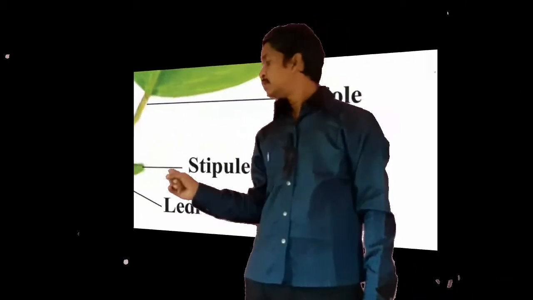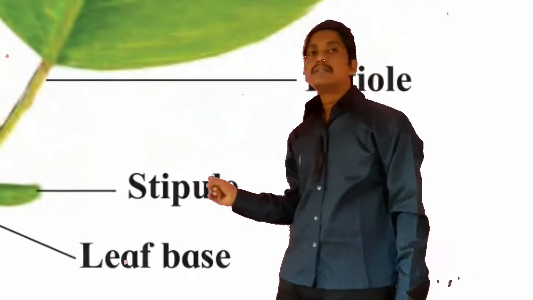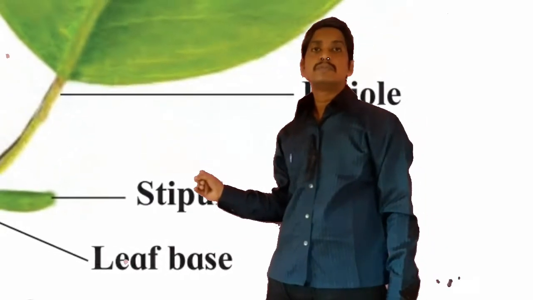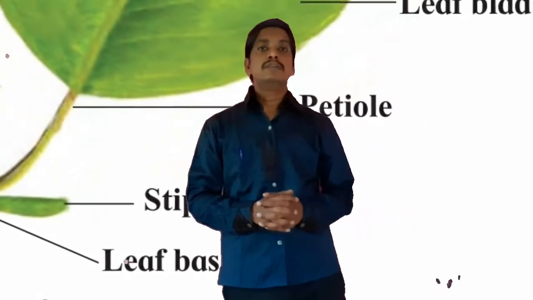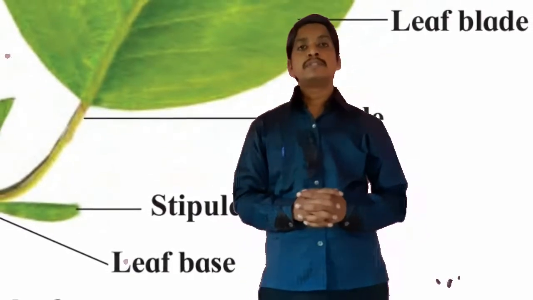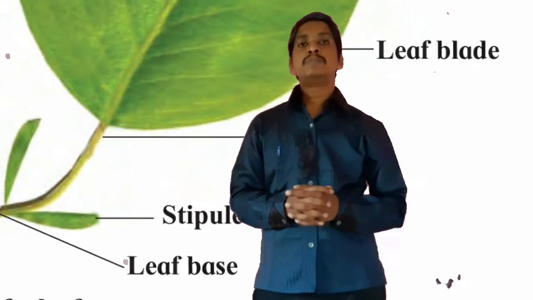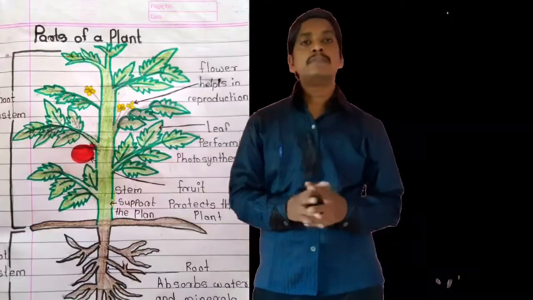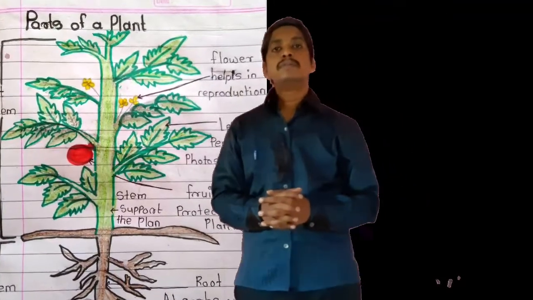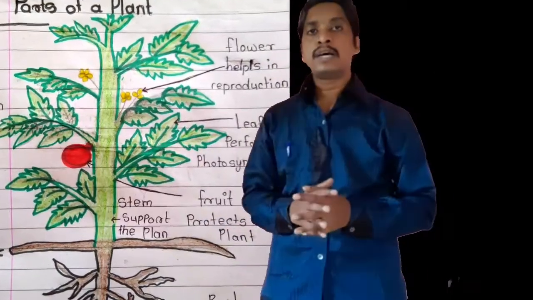Last one is the stipule. A small leaf-like structure present at the leaf base is called the stipule. In some plants, stipules are present.